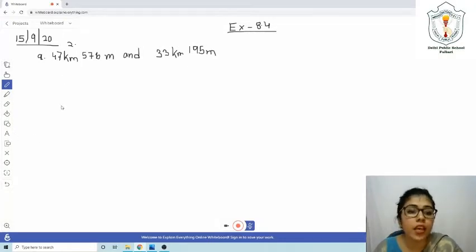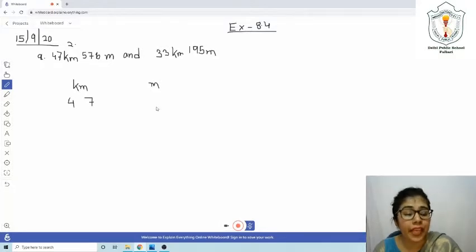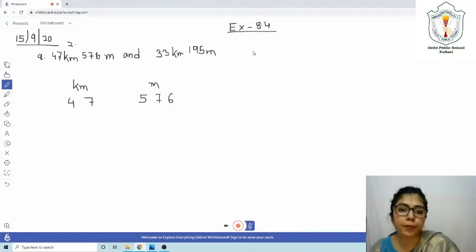Now let us quickly put them in columns. First we will write kilometer, leave a little gap, and then write meter. Under kilometer we have 4 and 7. See, between 4 and 7 I have given a bit of gap, and then under the meters we'll write 5, 7 and 6. Clear? Now let us move to the next number which is given.